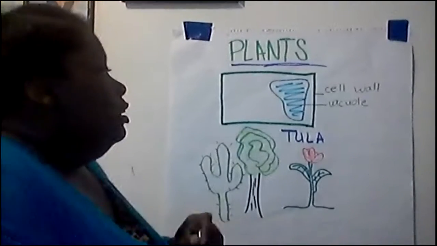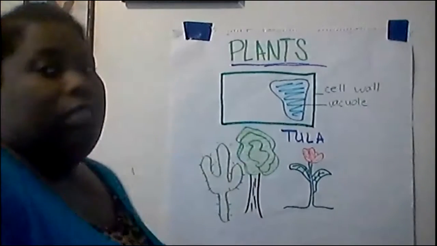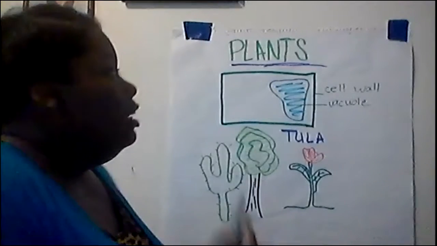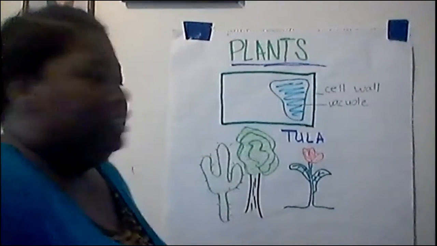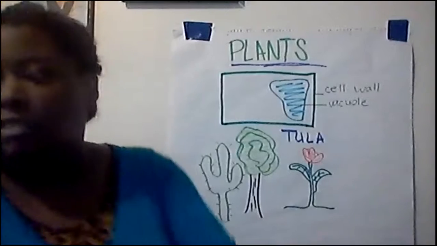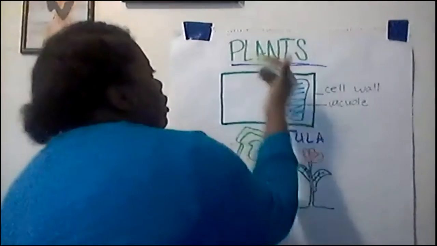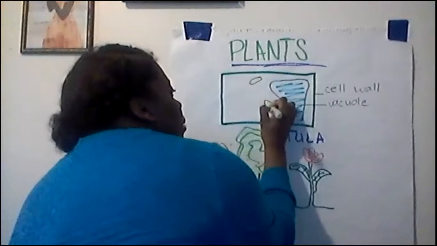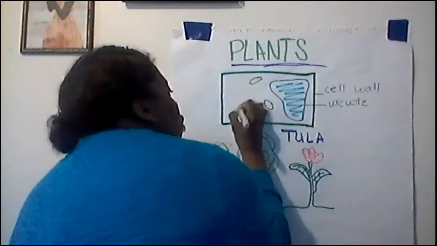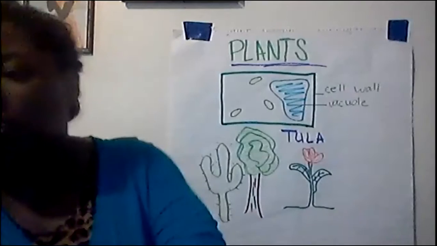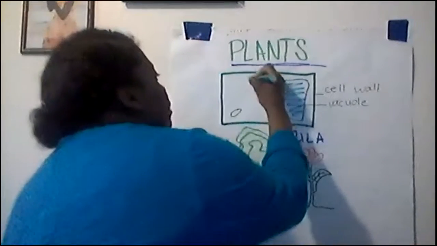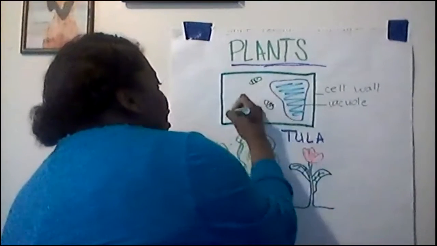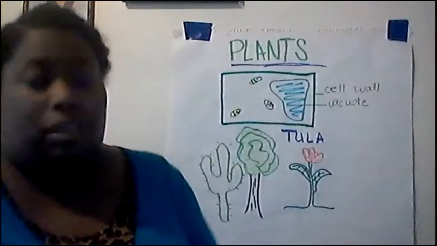So plants like Tula also need sunlight energy that they get from the sun. They get this sunlight energy through their chloroplasts. The chloroplasts are the oval-shaped organelles on the inside of the plant cell, and they contain chlorophyll.